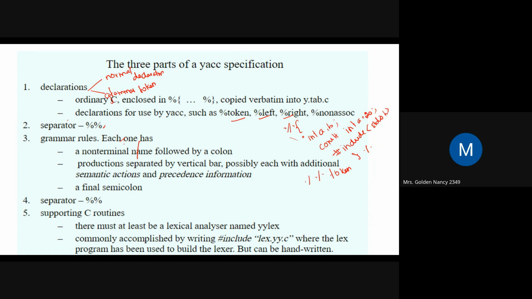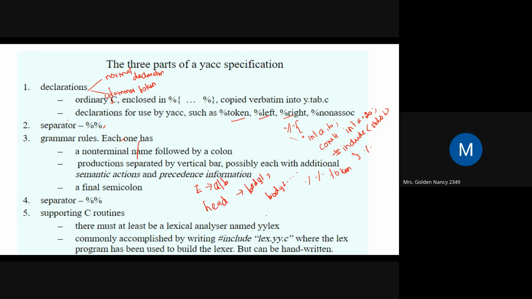Then comes the grammar rule: a non-terminal followed by a colon. For example, E gives A or B. If this is the given grammar, how can it be written in the coding? It can be written in the form of head, body 1 and body 2, body 1 comma body 2, and it goes on.